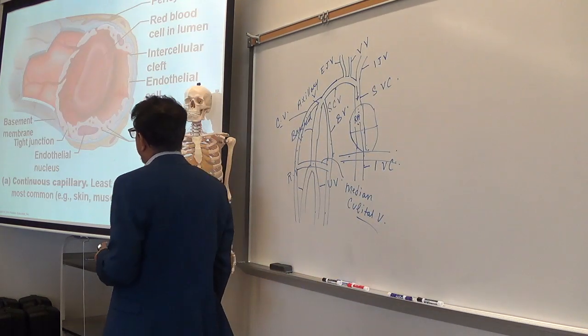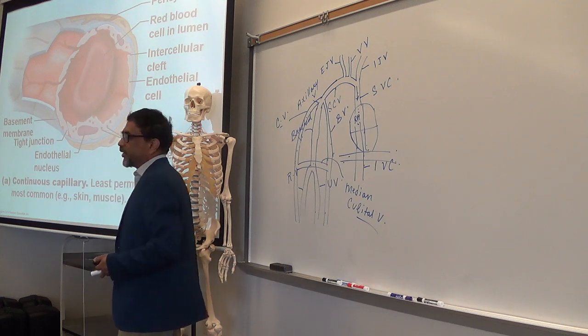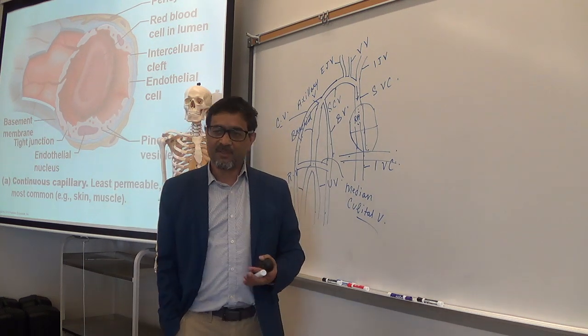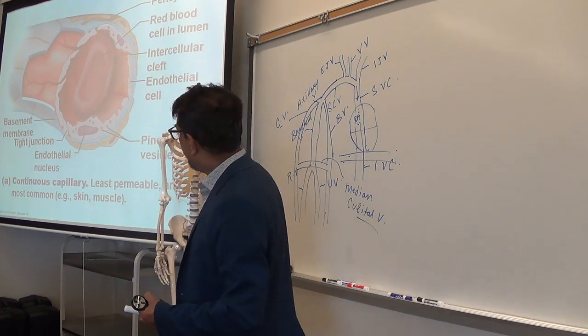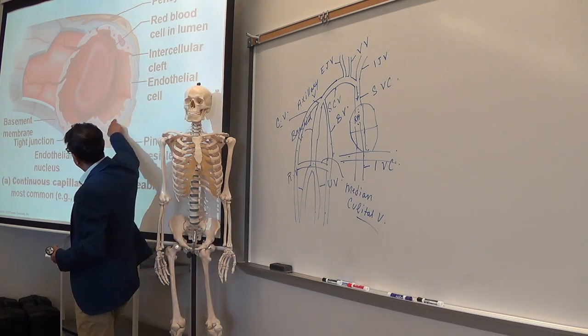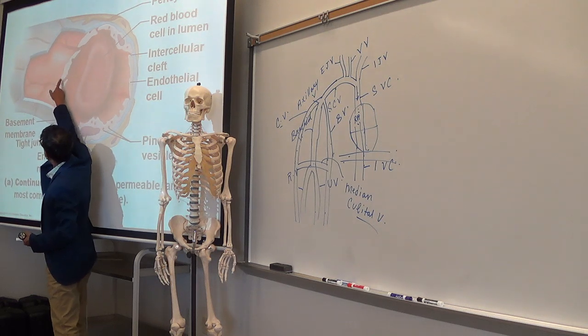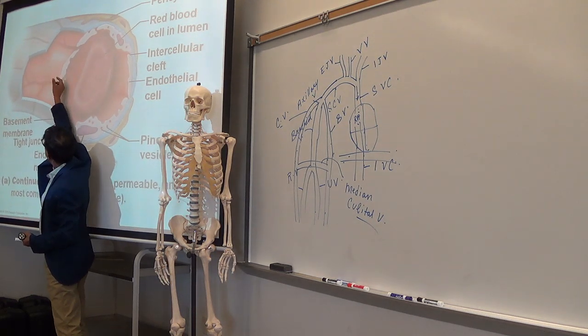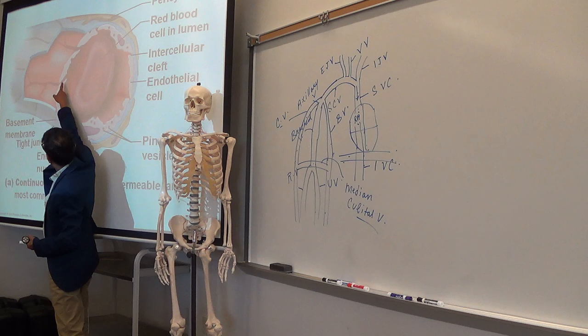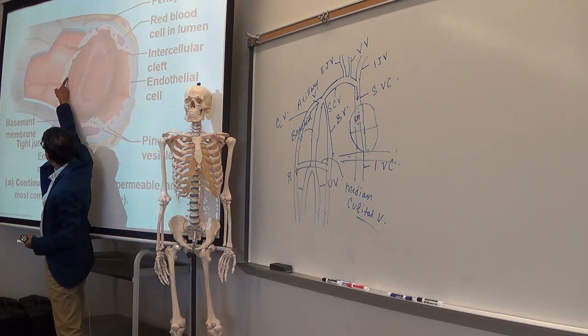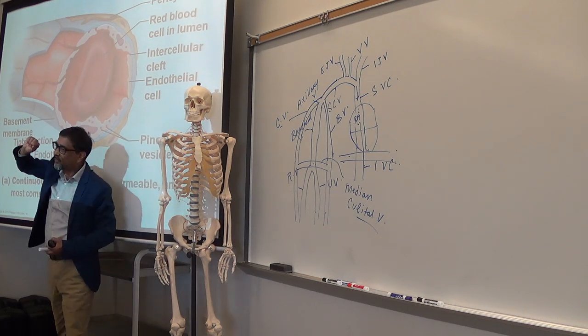First, let's see the continuous capillary. This is the wall of a continuous capillary. Now, if you see carefully, these are the squamous cells, okay? Flat squamous cells. And in between the squamous cells, you see, you have slits.